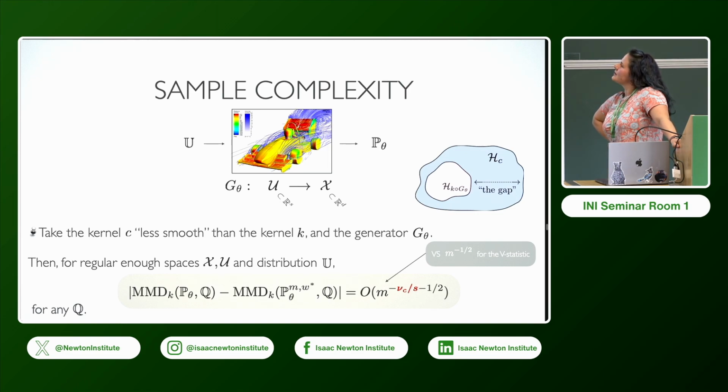Yes. I still think that K depending on theta is not such a huge deal, but C probably is. I think a better version of this method would also do a gradient optimization, let's say if the task is to find an optimal theta. And during these gradient optimization steps, I think, yes, the kernel C should be changed. How it should be selected based on what we know about G theta, I don't know.